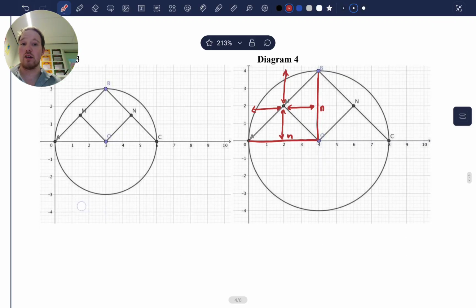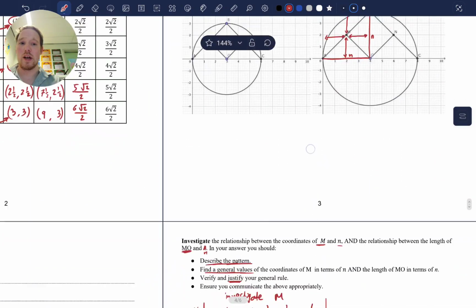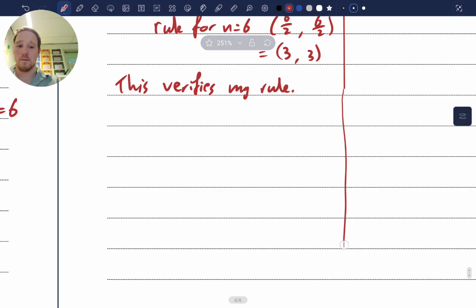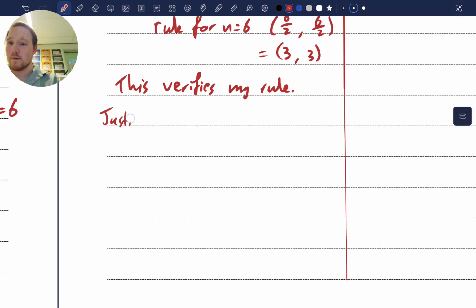So now to make sure I write that down in a nice way, let's write my justification.